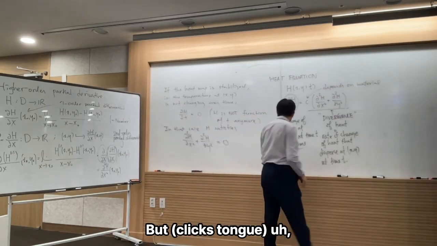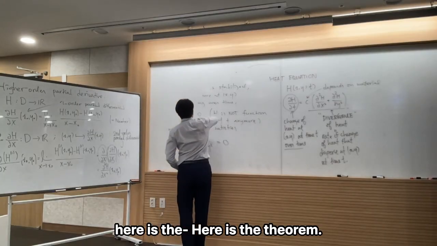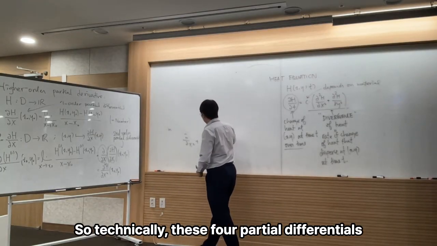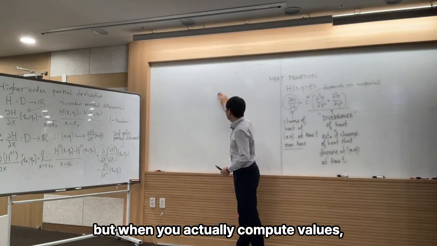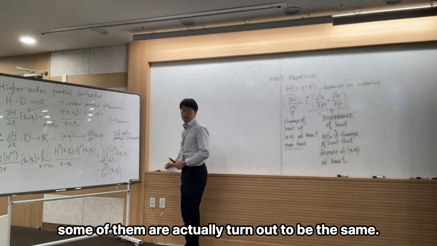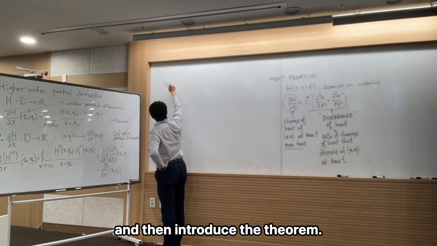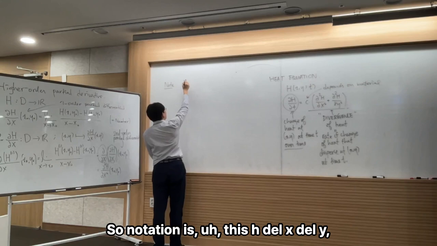But here is the theorem. Technically, these 4 partial differentials are conceptually different, but when you actually compute values, some of them turn out to be the same. So let me just write the notation and then introduce the theorem. So notation is this: h del x del y.